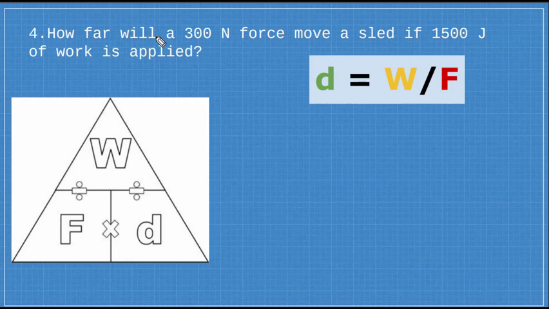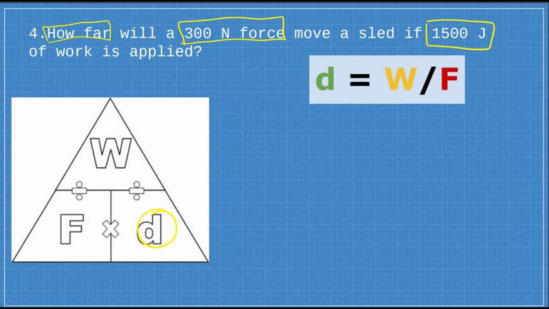Now this one is asking how far will a 300 newton force, so there's my force, and I read that it's how far, so this is telling me I'm trying to find distance, will move a sled if 1,500 joules of work is applied. So I'm trying to find distance.